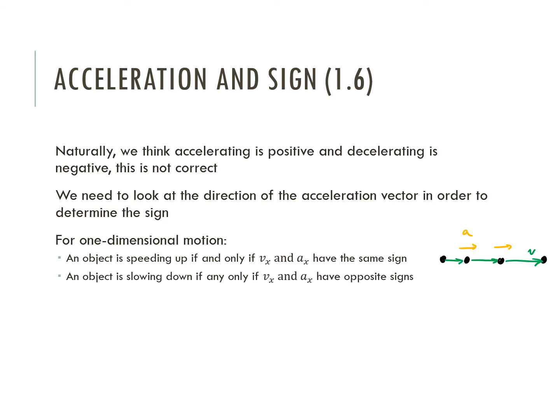Now we could obviously have the other case, where an object is slowing down. And in this situation, the velocity and acceleration have to have opposite signs. So let's have the case where our object is going to be moving to the left.